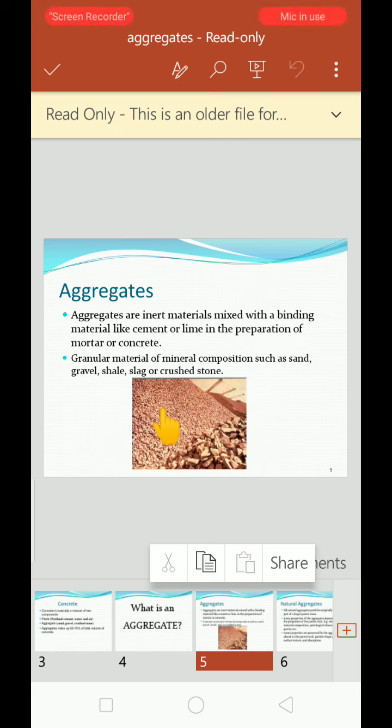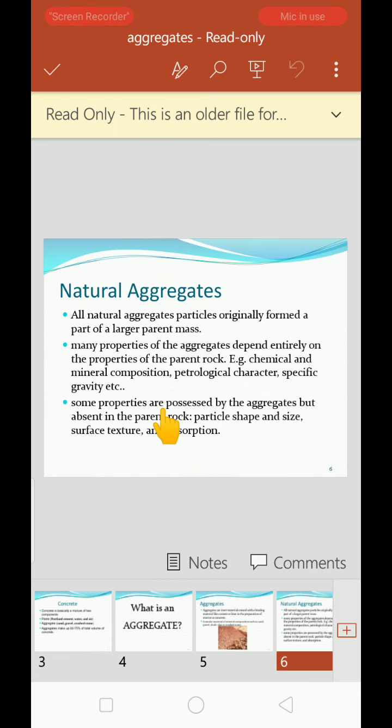The aggregates are available in the form of sand, gravel, shale, slag or broken stones. These are some natural aggregates. All natural aggregate particles originally formed a part of a larger parent mass, meaning the aggregate is extracted from large stones or rocks.